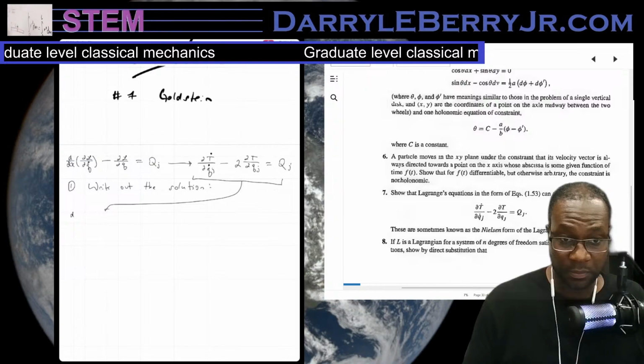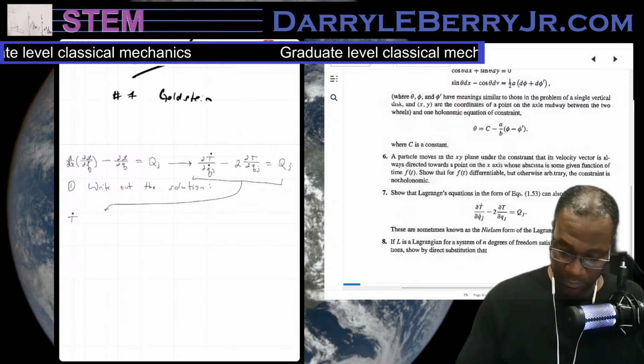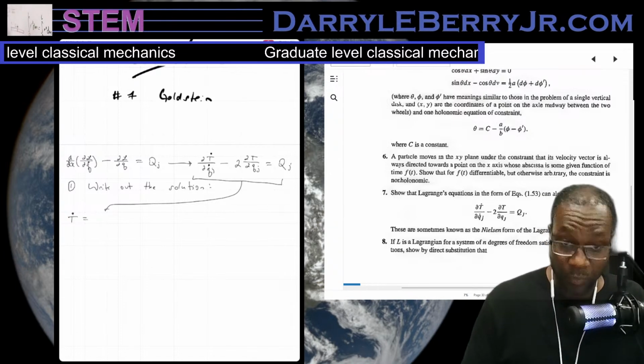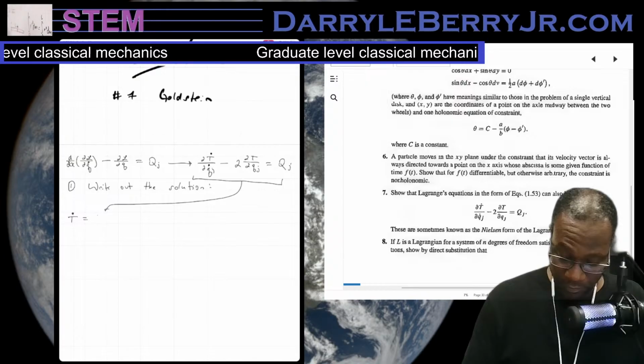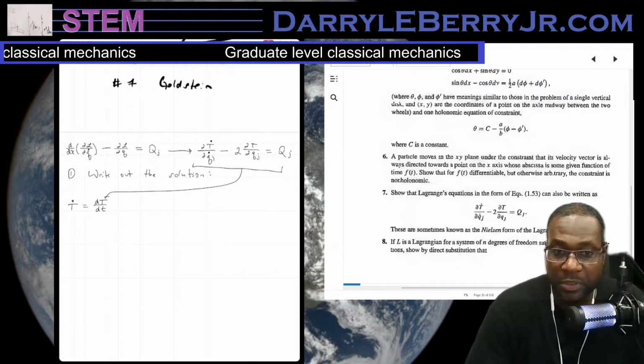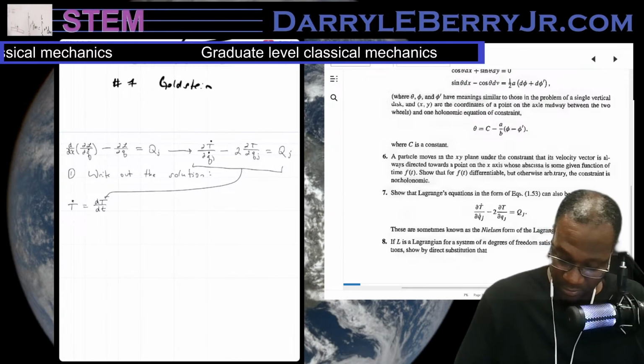So T dot equals the full derivative with respect to t. And T must be in terms of q dot, q, and t.